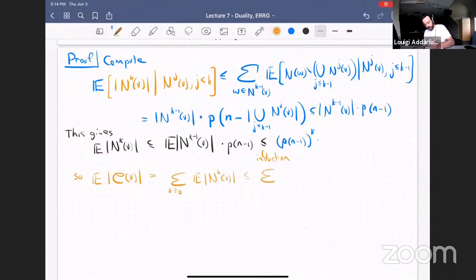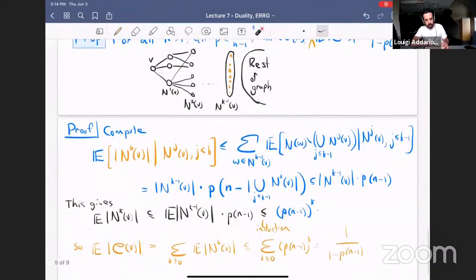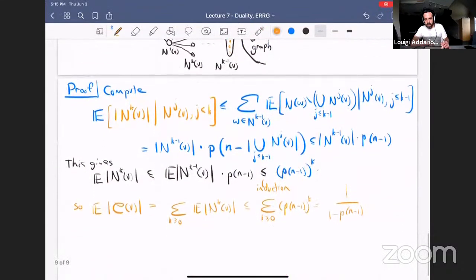So that's at most the sum of P(n minus 1) to the k, which is 1 over 1 minus P(n minus 1). So that's just an easy recurrence, which gives this upper bound on the expected size of a component. Okay, any questions about that?